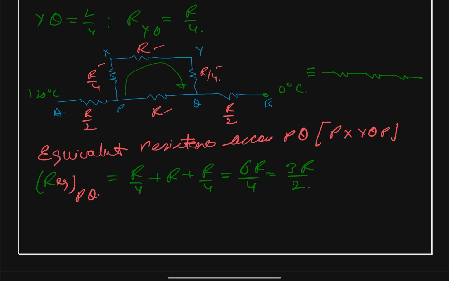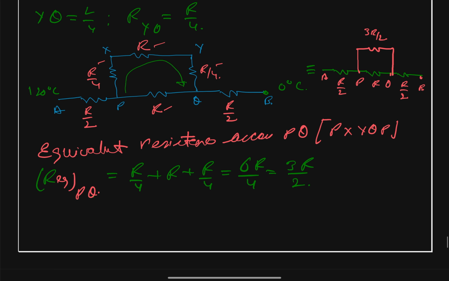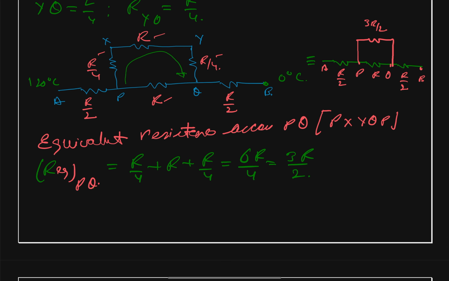We have A, P, Q and B, with R by 2, R and R by 2, and here we found the equivalent resistance, which is 3R by 2. These two resistances, R and 3R by 2, are in parallel.